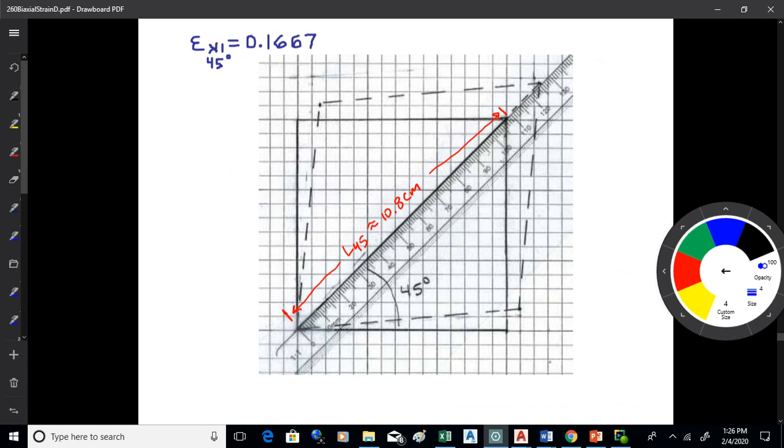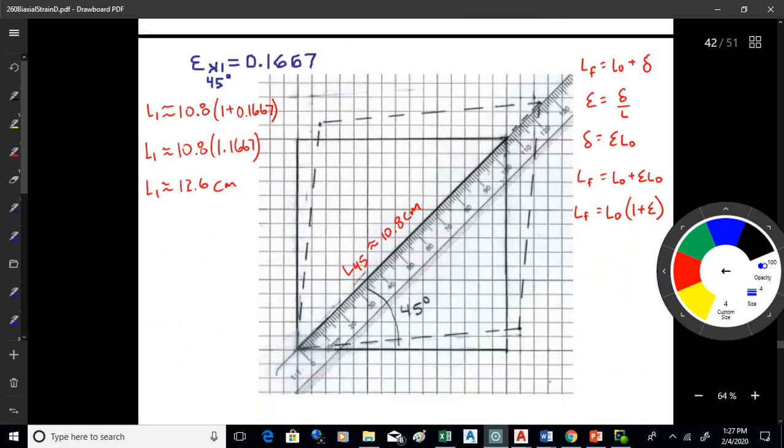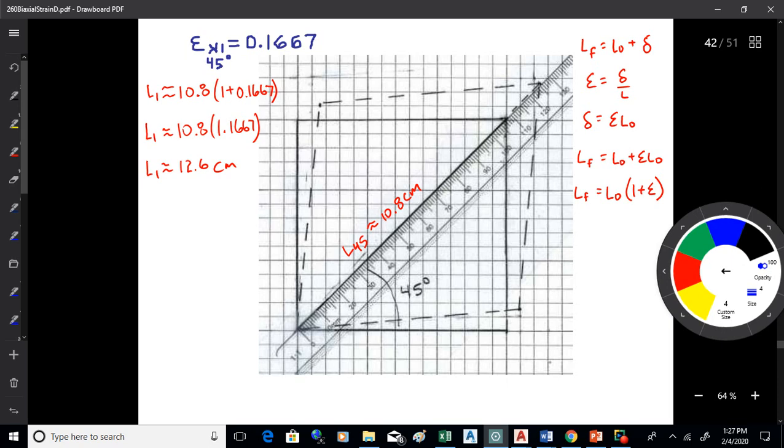This thing's marked by 10, so 10, 20, 30, 40, 50, 60, 70, 80, 90, 100, and not quite to 110, so that's about 108 millimeters, 10.8 centimeters, okay? And then I'm going to measure the dashed line next. Okay, so that's 10.8.